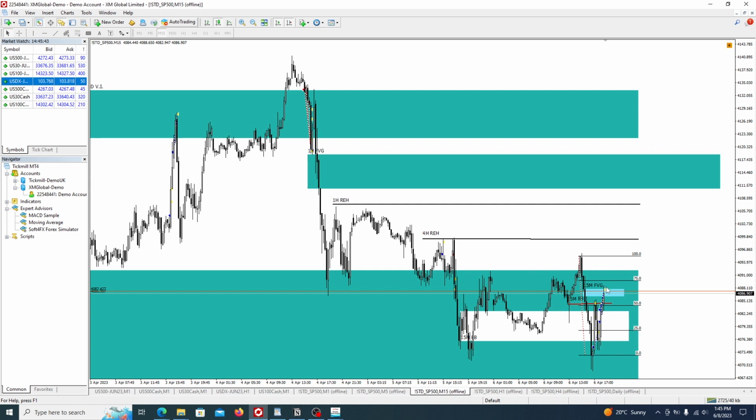Looking at the 15-minute, the narrative would then be clear to see that price would be targeting these equal highs up here, this high, and then as we expected, this fair value gap on the 15-minute and this old high. That would be our narrative. The narrative would be to expect a trade up into this fair value gap and these highs.